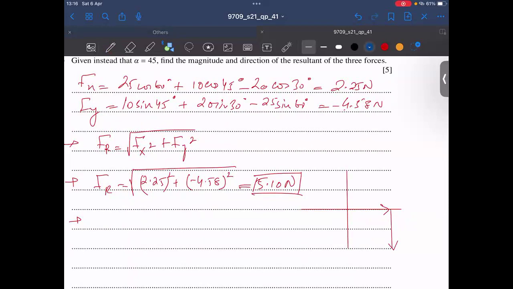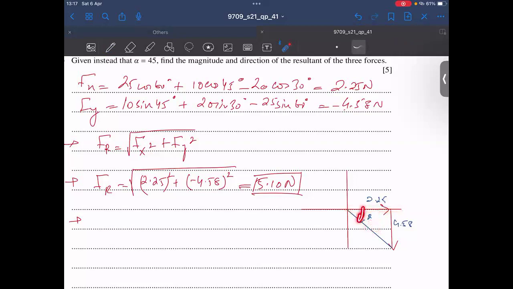So we have this resultant, with components 2.25 and 4.58. I need to calculate this theta. And this is actually south of east. All right. Because if you are over here, Aisha, you are moving towards south.